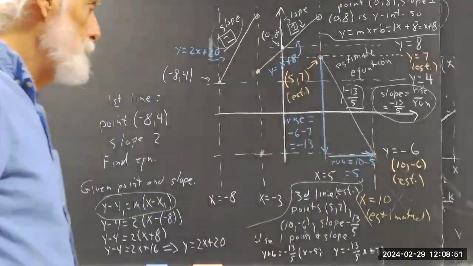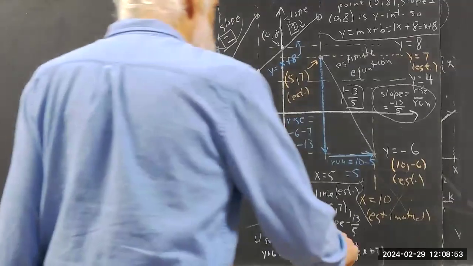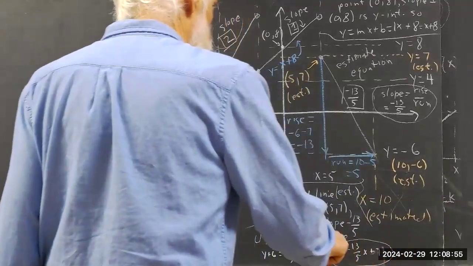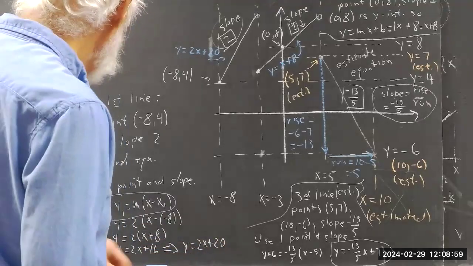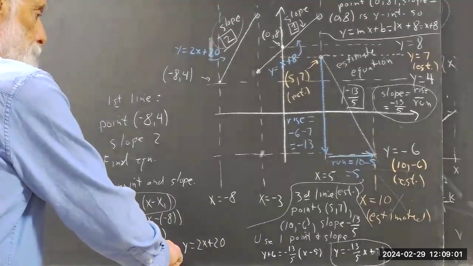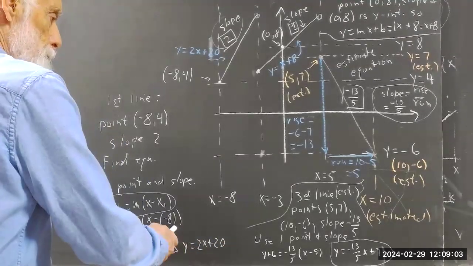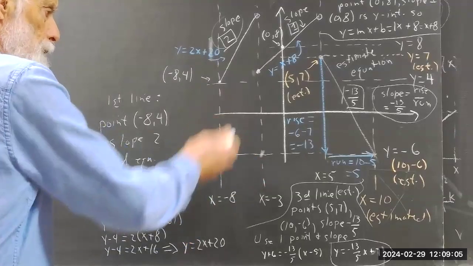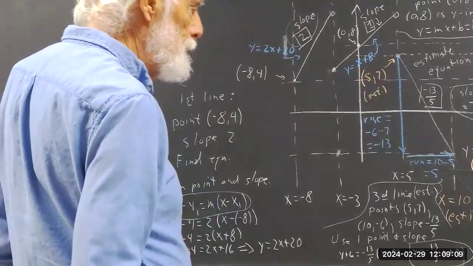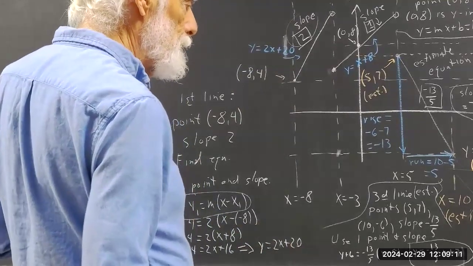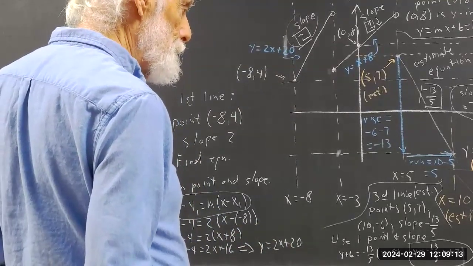Okay. Well, let's pretend that's the right equation. It isn't quite, but it's not too far off. X equals 5, get y equals 6, not 7, so it's probably +6. If x is 10, you get -26.